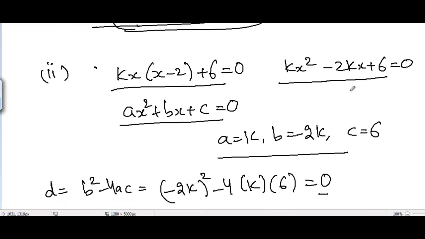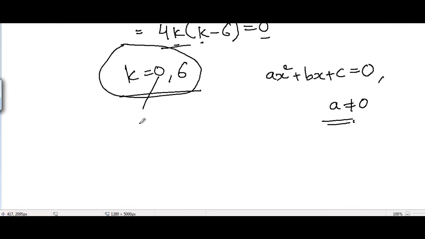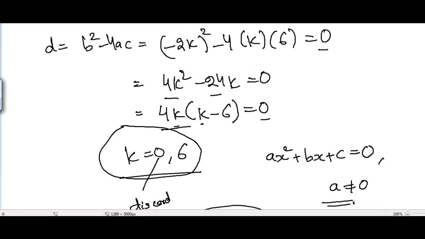Here k cannot be equal to 0, because if it becomes 0 it won't be a quadratic equation anymore, it will become a linear equation. So k cannot be equal to 0, and that's why we discard this value. Here we can only consider k equal to 6, which is the solution for the second part.